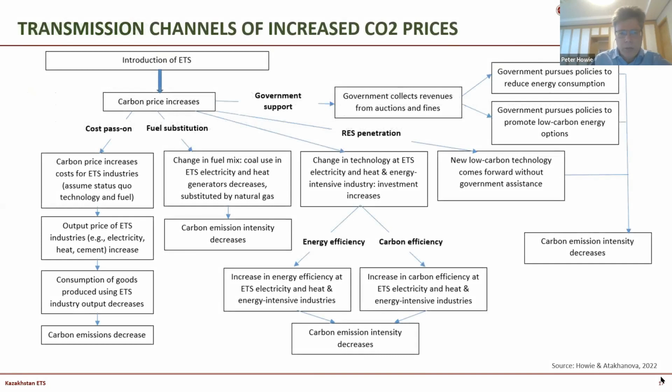So we developed this flow chart, and what you'll notice is that if there's a carbon price increase, the carbon prices can be passed on to the final consumers, which will result in less carbon because of the income and substitution effects. There'll be fuel substitution, so carbon intensive fuel will be substituted by less carbon intensive fuel. So for instance, coal will be substituted by gas.